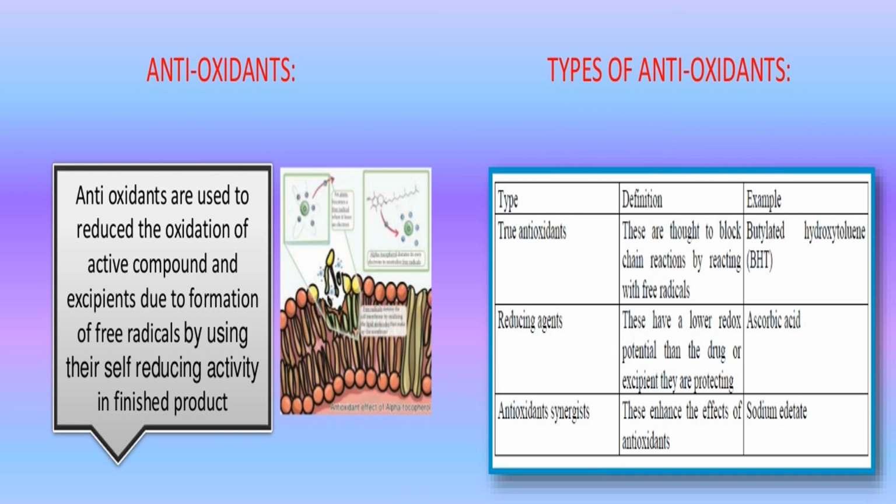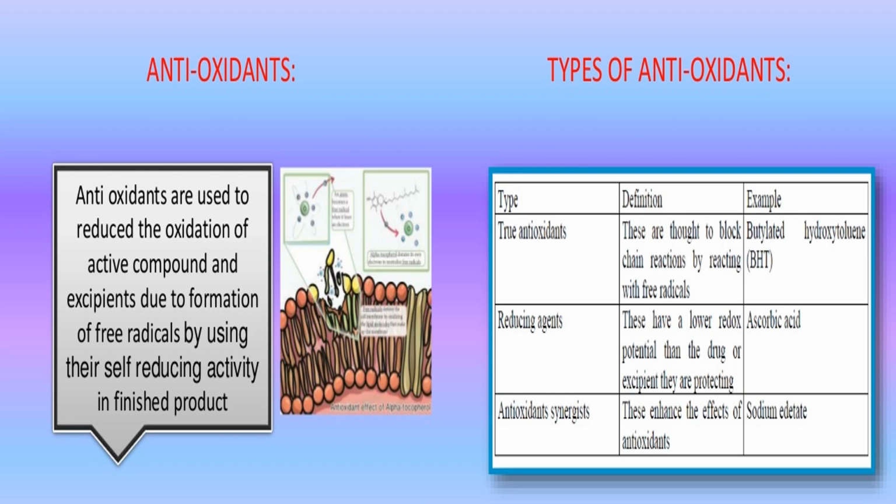Okay. So some of the types of antioxidants are true antioxidants. These are thought to block the chain reaction by reacting with free radicals. Example, butylated hydroxytoluene. Next is reducing agent. They have a lower redox potential than the drug or the excipient.